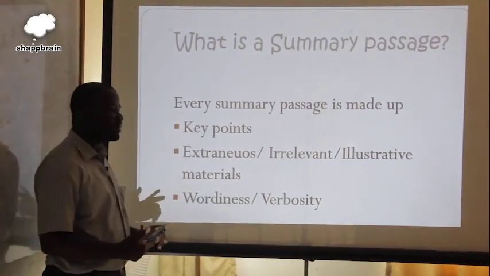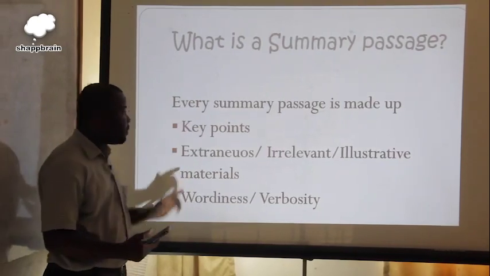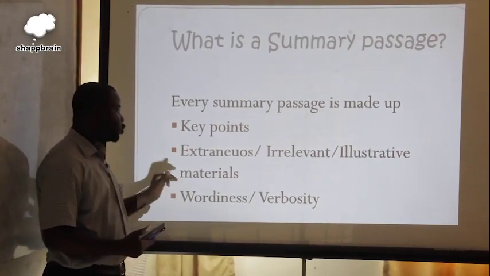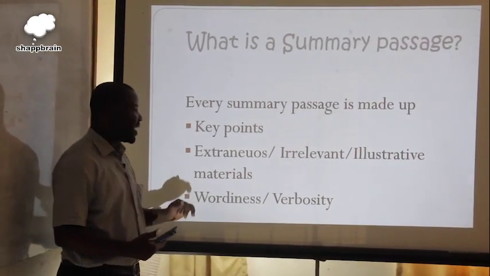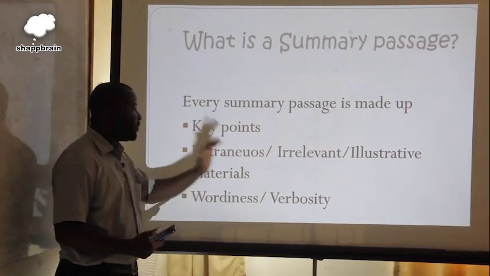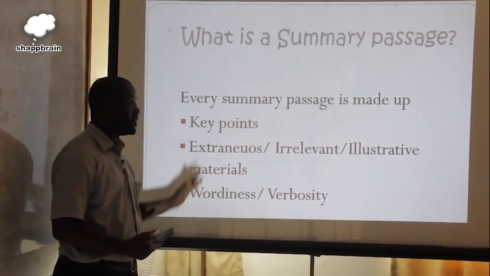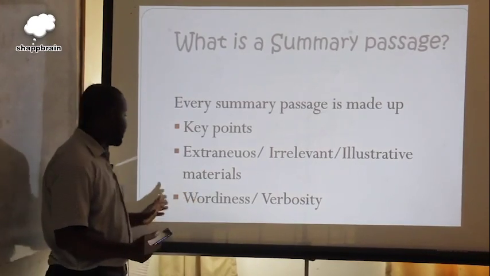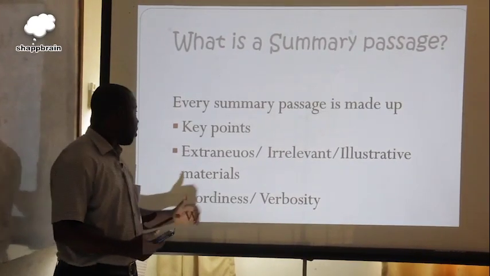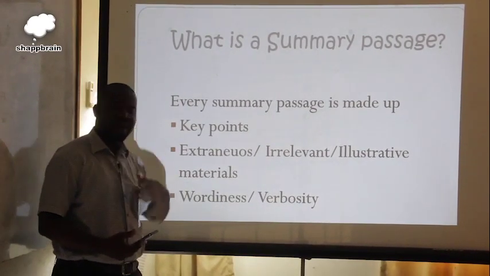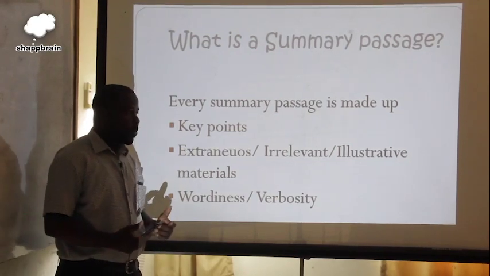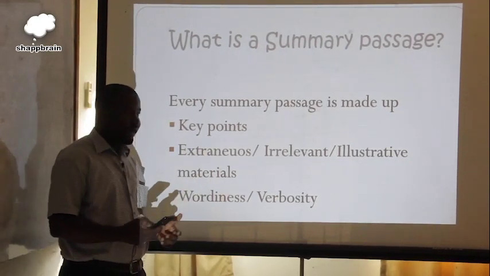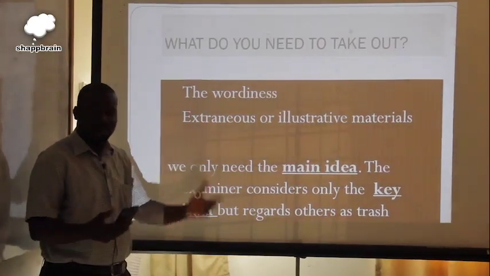The first one is that it is made up of key points. Number two, it is made up of extraneous or irrelevant or illustrative materials. And thirdly, it is made up of wordiness or verbosity. Let's move on and try to identify what we mean by the following.